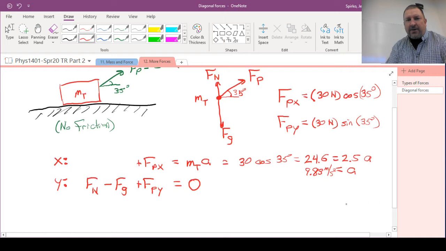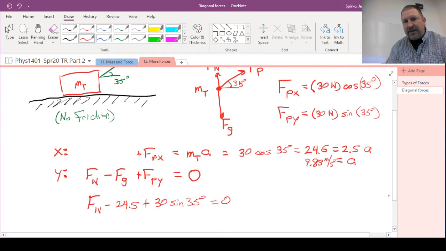Then let's check the y equation. We have Fn minus 24.5 plus 30 sine 35 degrees is equal to 0. So I have to rewrite it.